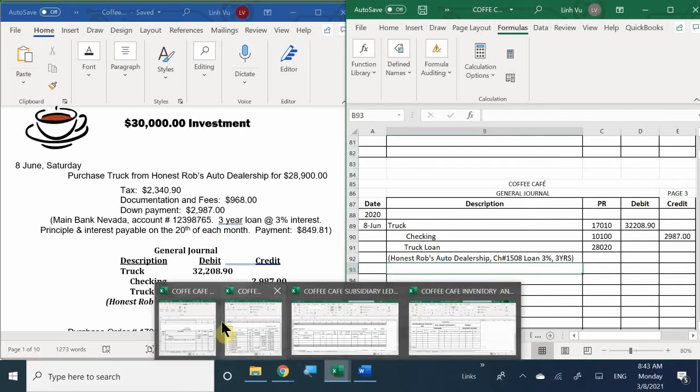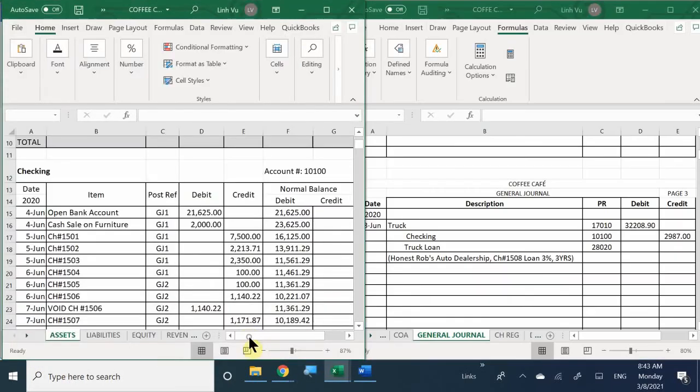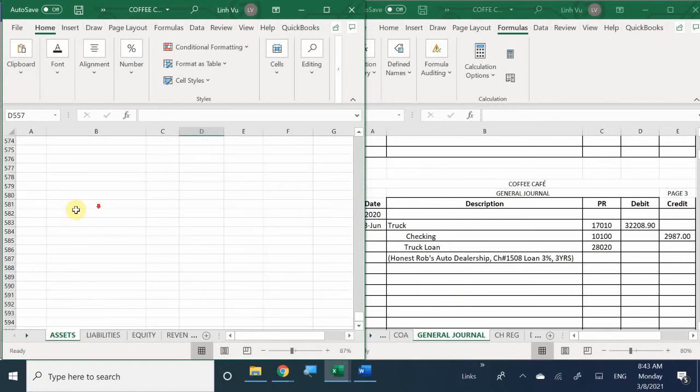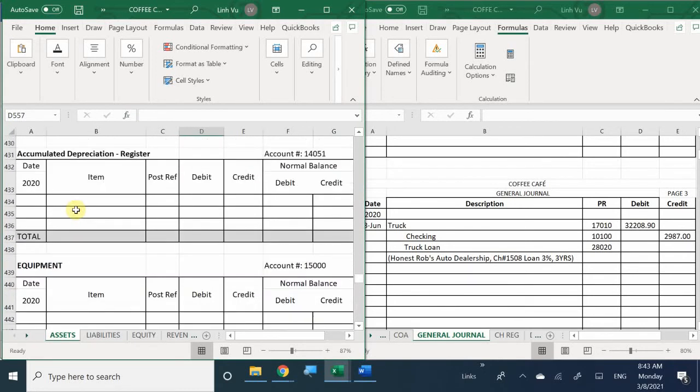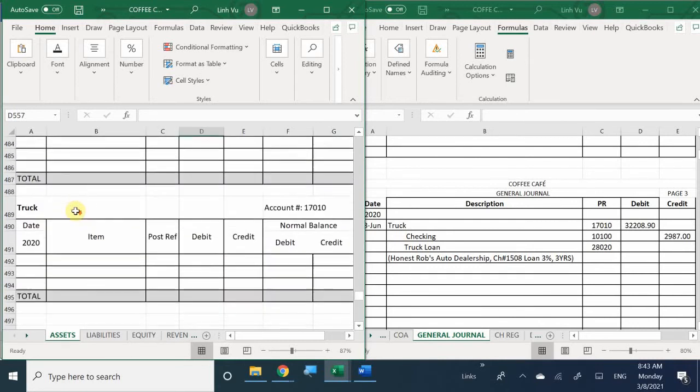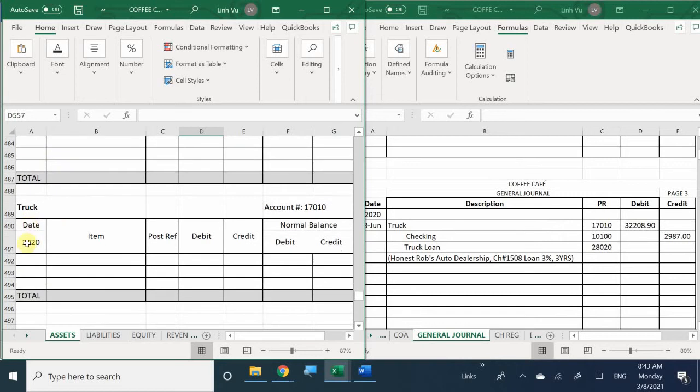So here's my ledger. First thing I have is an asset. So I have to find my truck. All right, here it is. 6.8.